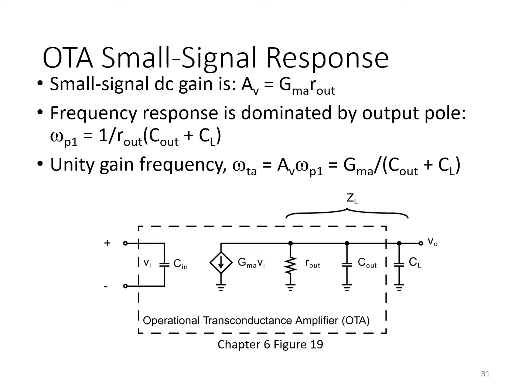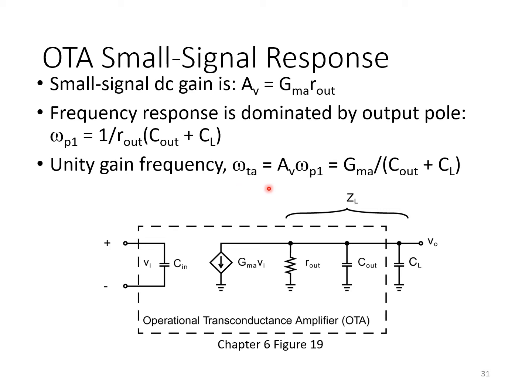So given the DC gain and the single pole frequency for the first order model, we can arrive at the unity gain frequency of the amplifier on its own. This is denoted with the symbol omega with a subscript TA. The A reminds us that this is the unity gain frequency of the amplifier on its own, and is therefore not necessarily the same as omega t, which is the unity gain frequency of L, the loop, including the feedback network.